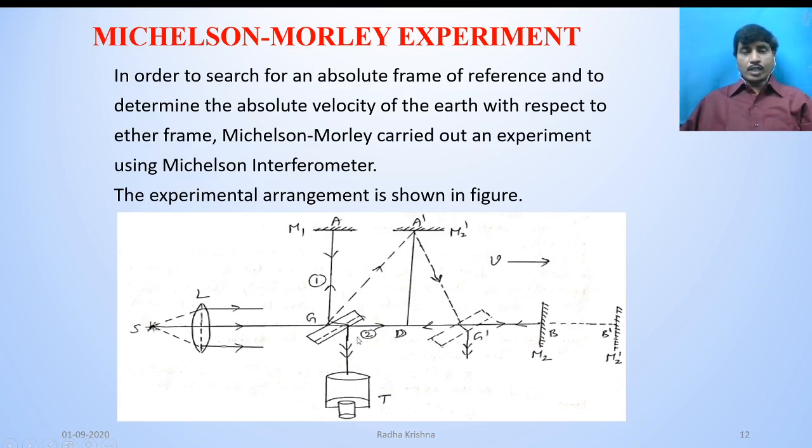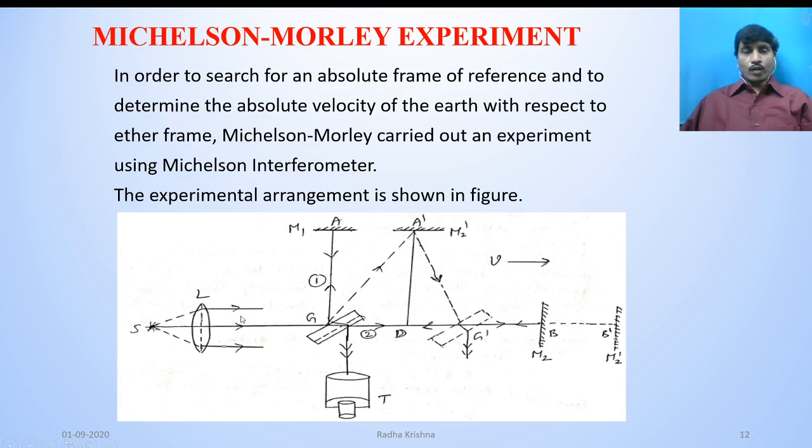The apparatus is arranged on the Earth. The Earth is moving with a velocity v relative to the ether. The incident beam on the glass plate is partly reflected and partly transmitted.